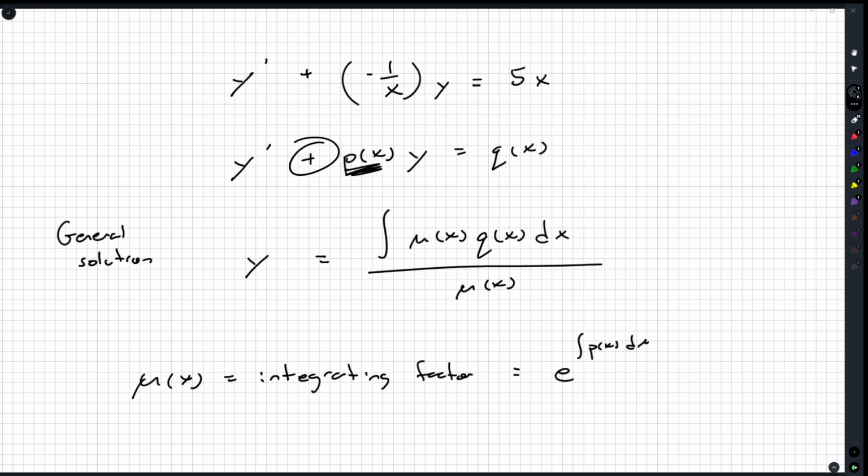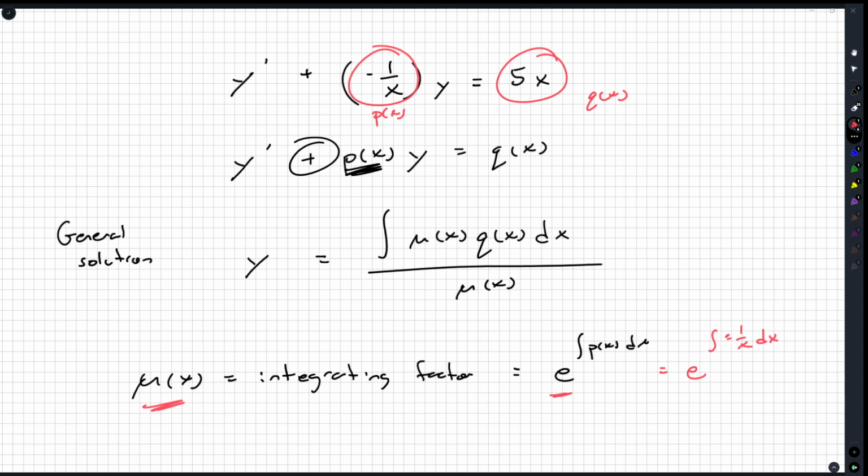Cannot say it enough. So in this case, what's our p of x? What's our q of x? And what will our integrating factor be? So our p of x here is minus 1 over x. Not 1 over x, minus 1 over x. Here's our q of x. And then we do still need our integrating factor. In this case, it'll be e to, then we need an antiderivative.